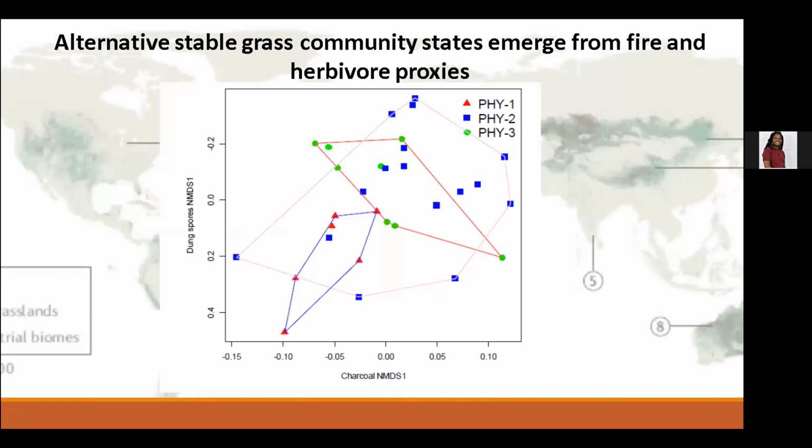When you ordinate the signals for herbivory and fire, we can still pick up those two alternative stable states that we had found, that zone phi 1 and phi 3 are different. We can actually see it even from the profiles of fire and herbivory, that they are indeed different. And zone phi 2 overlaps pretty much with all of them.